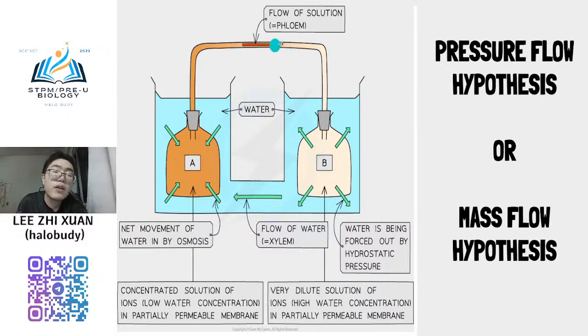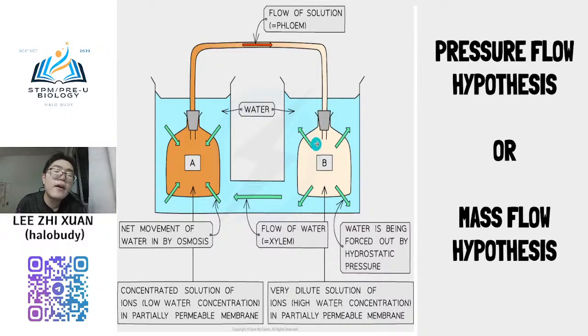Because along the journey, the organic nutrients have already diffused out and become dilute. When they become dilute, the water potential for B is very high. So the water molecules will diffuse out from B to the outside of the cell.